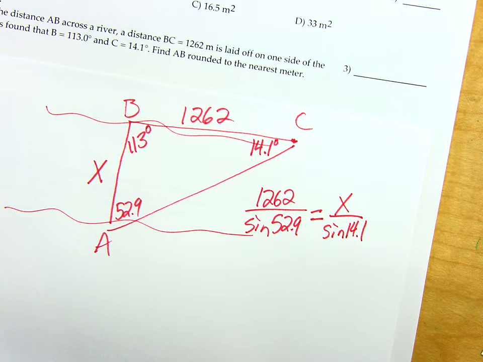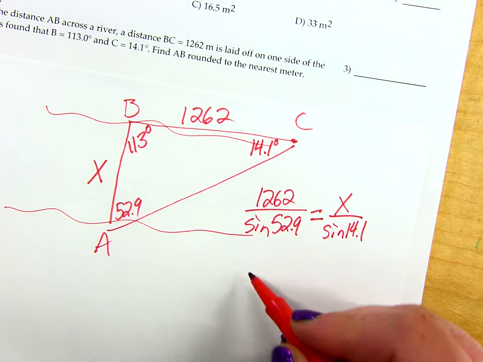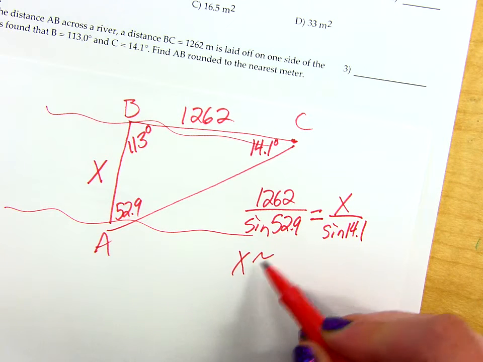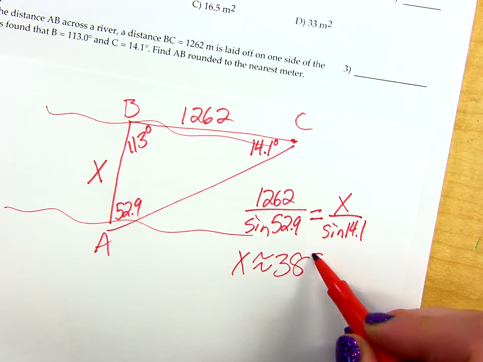Now you just solve for x. I have a calculator right here. Let's see what we get. Plug this in. This is what I get. See if you get the same thing.